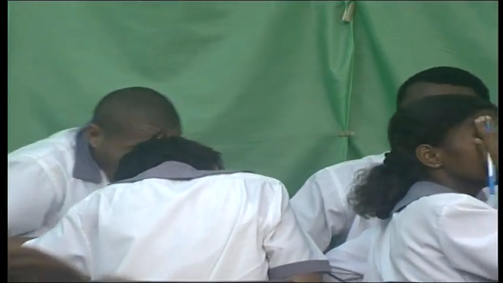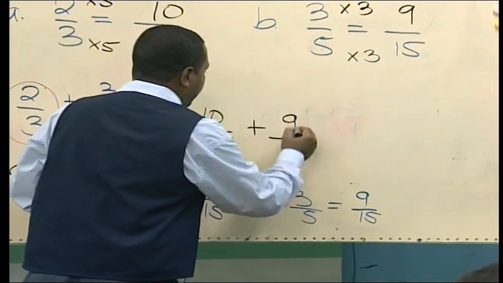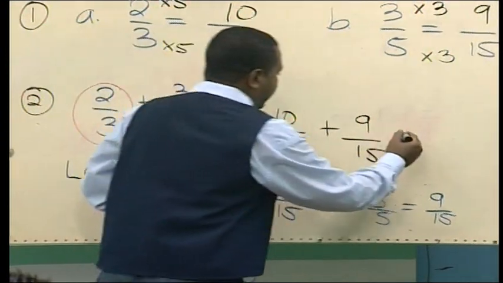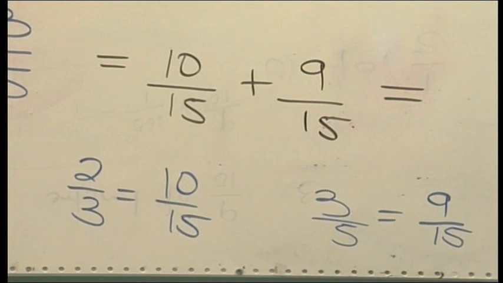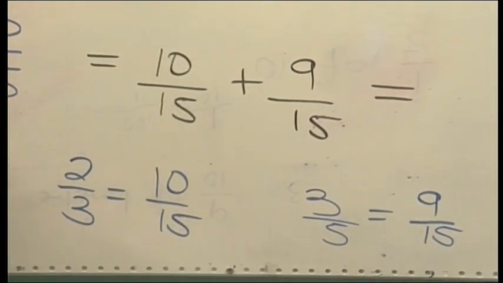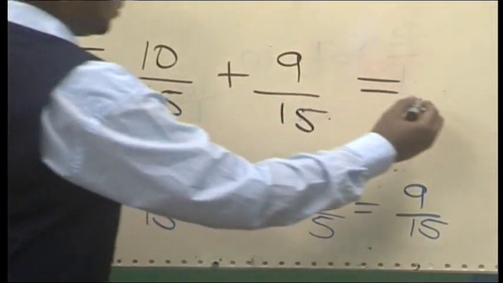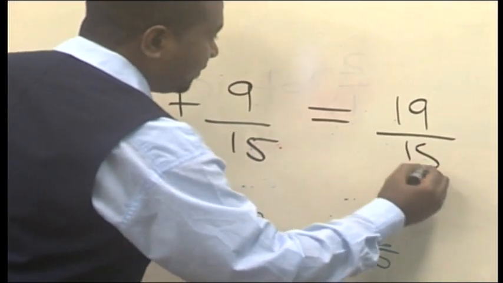Class, Tony says 9. Correct? Yes. Okay, 9. So we have our equivalent fraction 9. 70s and receiving students, is it easy for us to add the fractions now? Yes, because they have the common denominator. So we'll just add the what? Numerator. So 10 plus 9 is equal to 19 over 15.